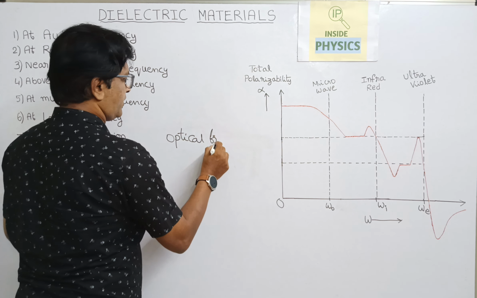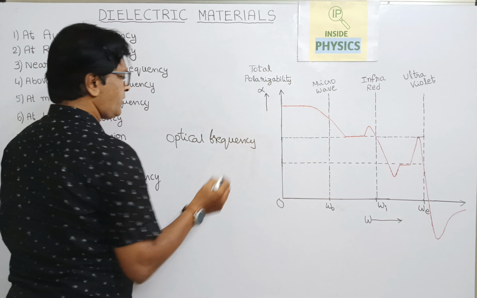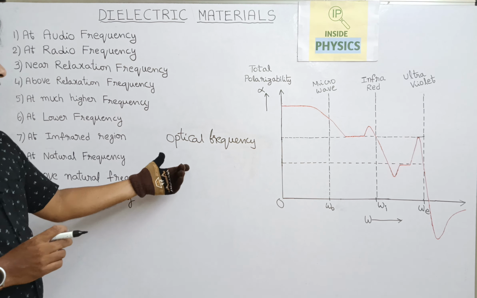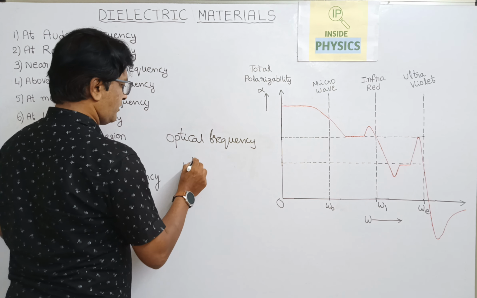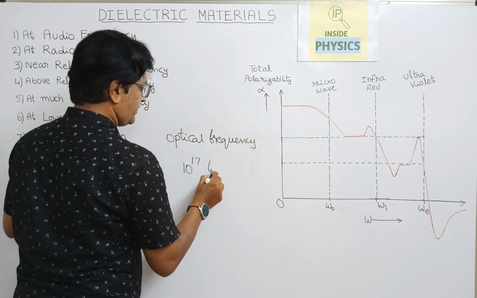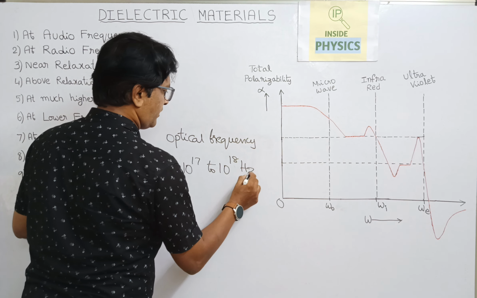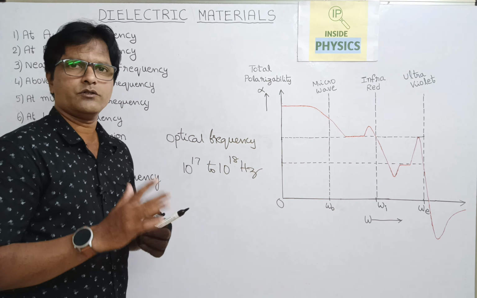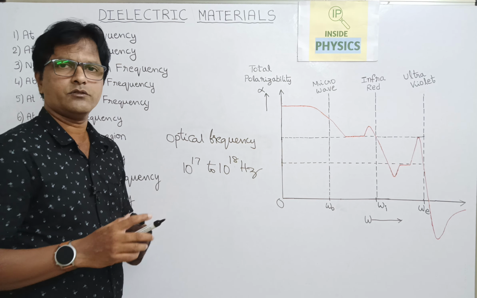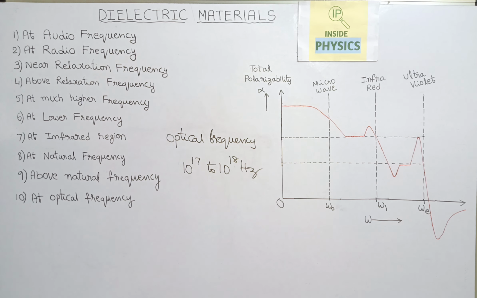So what is the optical frequency, and when it is matching with the natural frequencies, which are almost 10 to the power of 17 to 10 to the power of 18 hertz, the optical frequency zones will make the electron clouds vibrate, and they do simple harmonic motion at optical frequencies.